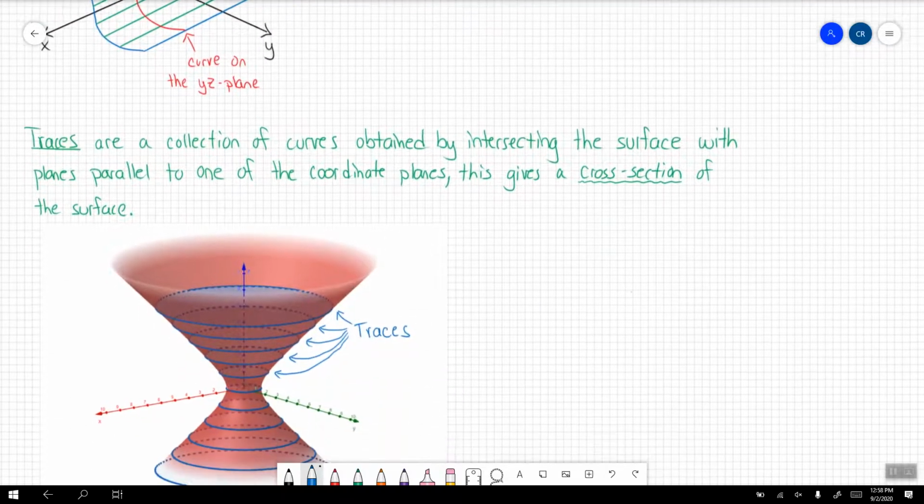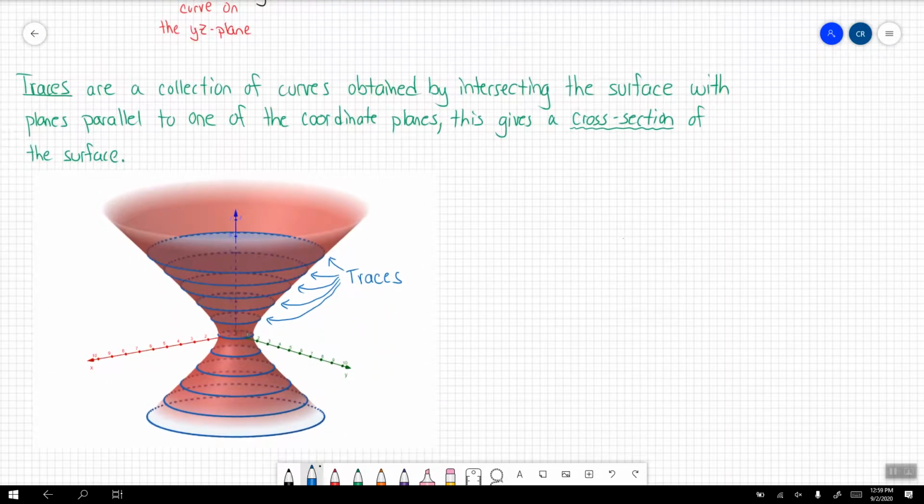Now I have this nice picture here for you all. This is a picture that I made on GeoGebra, and this hyperboloid is a hyperboloid of one sheet. Notice it opens on both ends, both in the positive z direction and in the negative z direction, and most of these cross sections or traces are traces of circles.